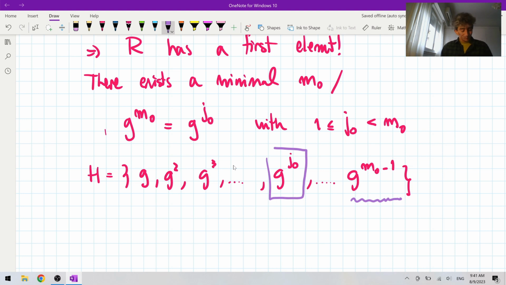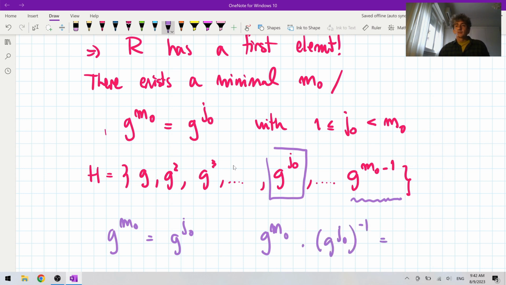So we know that G to the M naught equals G to the J naught. So since these are elements of G, we can also have the inverse of G to the J naught. So we can multiply both sides and we'll get this.